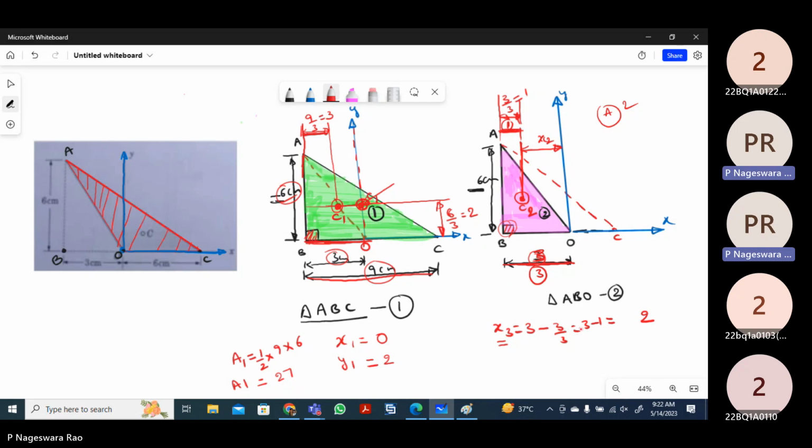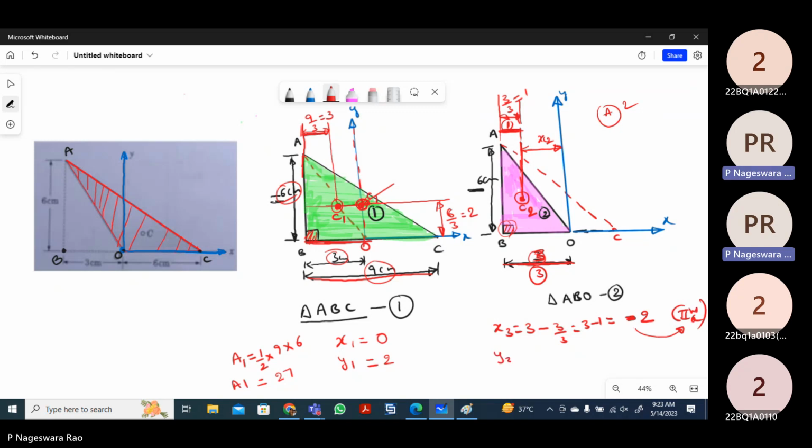Because it is in the second quadrant, it is the negative x-axis, so you have to give a negative sign here. Please remember, the negative sign is for the second quadrant.